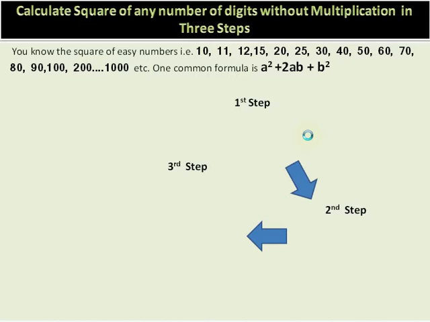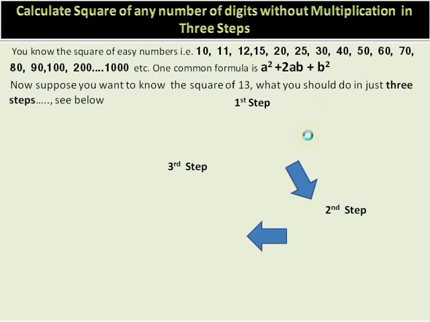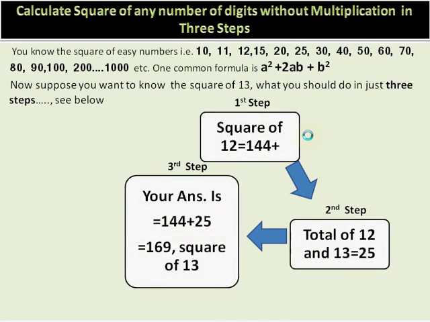Now suppose you want to know the square of 13. I am telling you in this way. You know the square of 12 is 144. What your next step will be: you do the sum of 12 and 13, because you want to know the square of 13, which is 25.